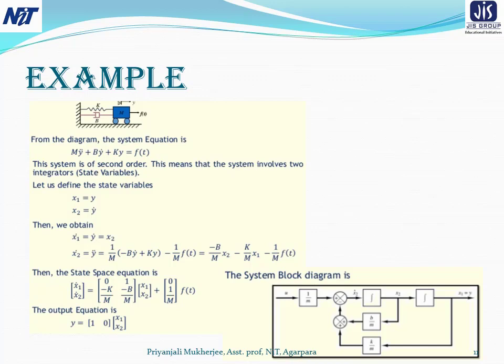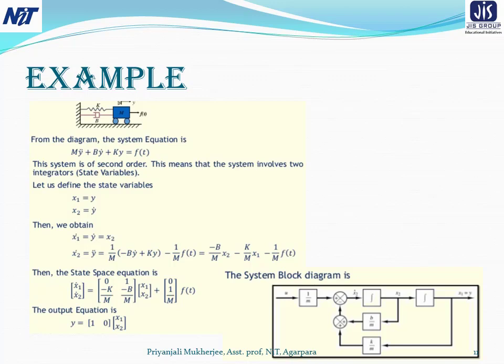The x1 coefficient is minus k divided by m, so that's why it is written here as minus k divided by m. For x2, the coefficient is minus b divided by m. The coefficient of f(t) is 1 by m, so it can be written as 1 by m.